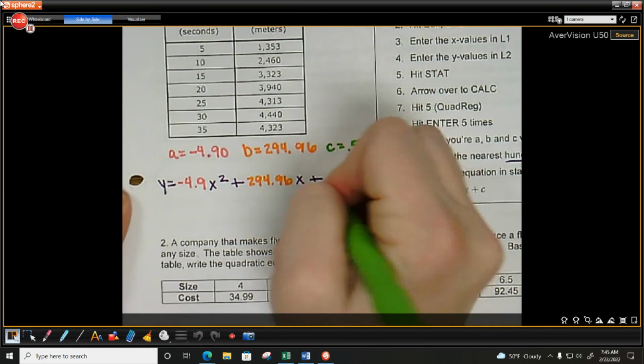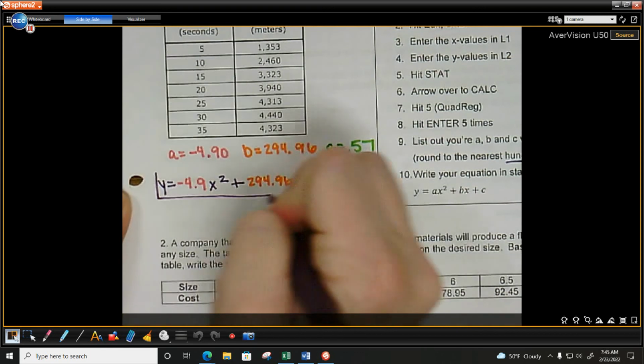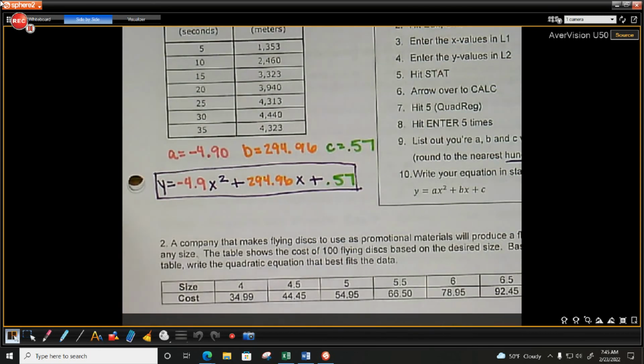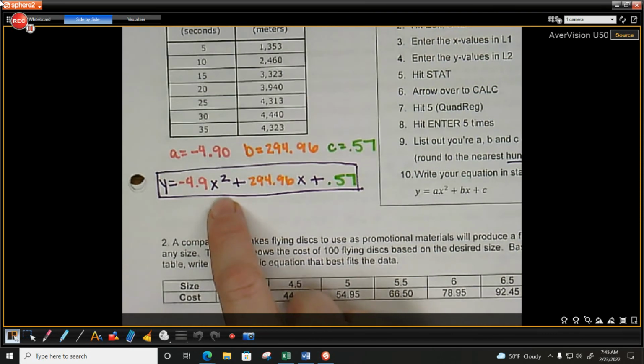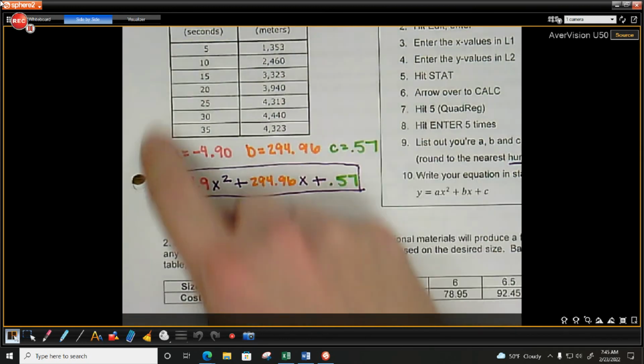What is this equation then used for, guys? Do we remember what our regression equations are used for? If I were to put this equation in my y equals and pulled up the table, would these be the exact values? They would be the exact real-world data and exact functions, we think?